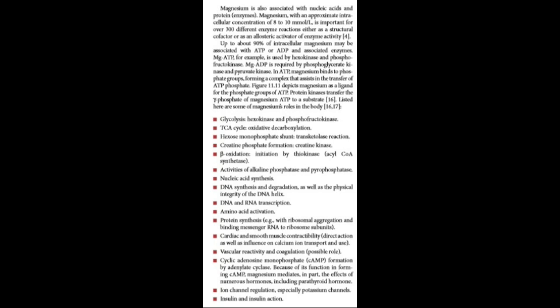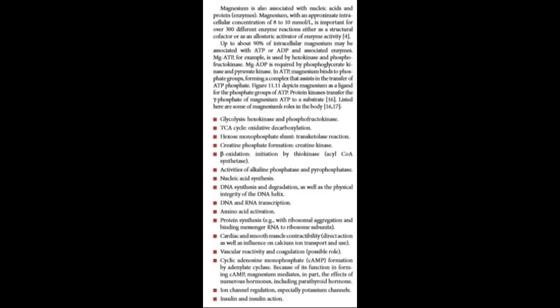For example, we have an enzyme called hexokinase and another enzyme called phosphofructokinase. Hexokinase and phosphofructokinase are both important enzymes of the glycolytic pathway, glycolysis. And these two enzymes are Mg-ATP associated enzymes.